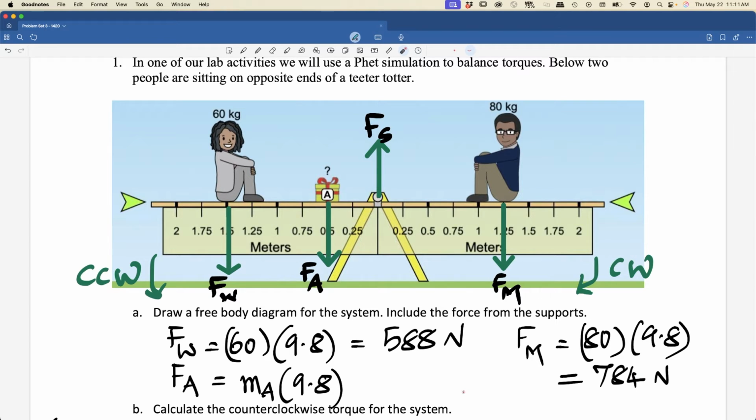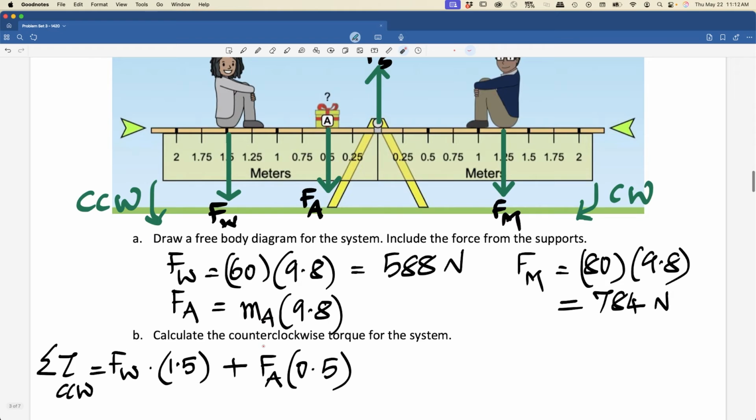Now part B, calculate the counterclockwise torque for the system. You see that these two forces are trying to rotate it counterclockwise about the support, or about the pivot. So how do you calculate the torque? Remember, it is force multiplied by the distance.